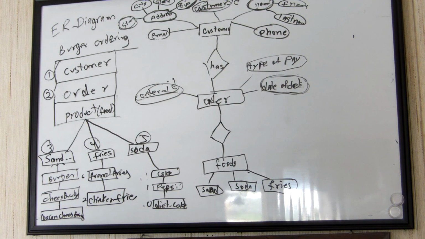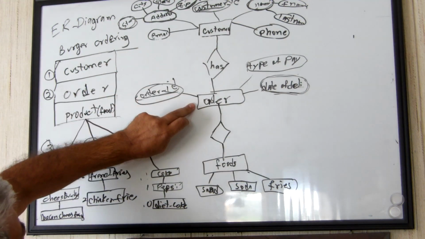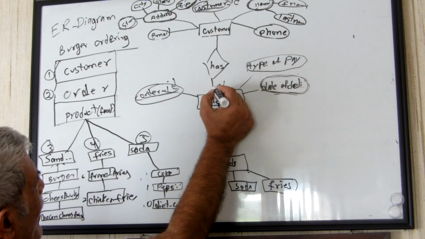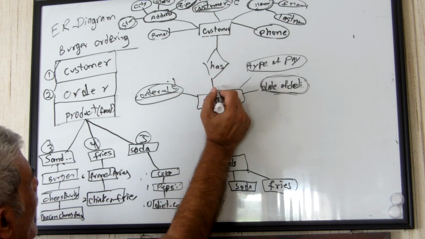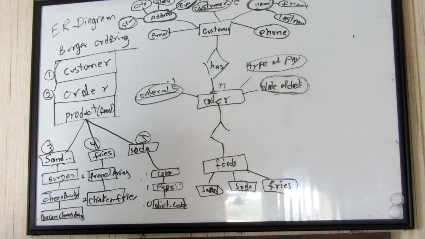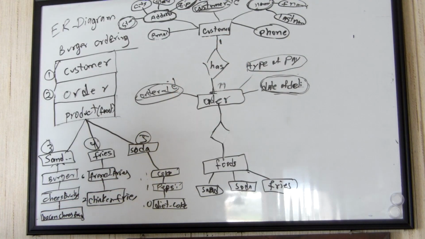So here we talk about cardinality. Now we write the cardinality ratio here. We say that a customer can have many orders, but an order just belongs to one customer, so it's going to be 1 here.